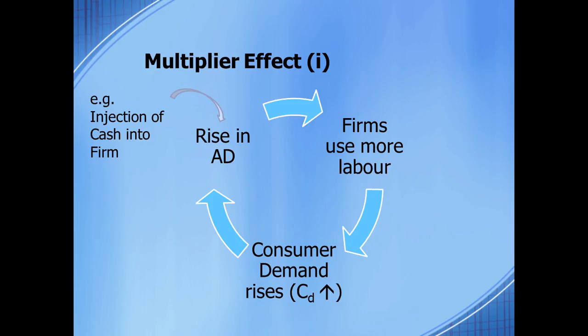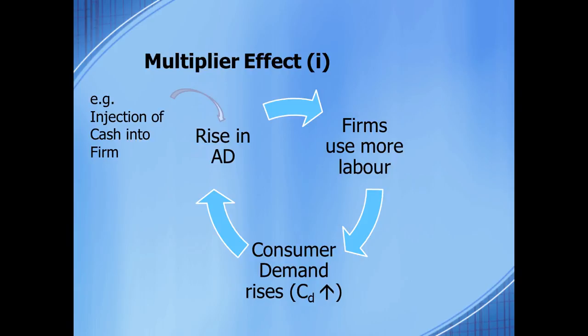I want to look at this multiplier effect, and it's really important that we understand it. It works on the principle that if you inject a small amount of money into the economy, it creates and increases aggregate demand. Because of this, firms need more labour, so it creates more employment and more wages.